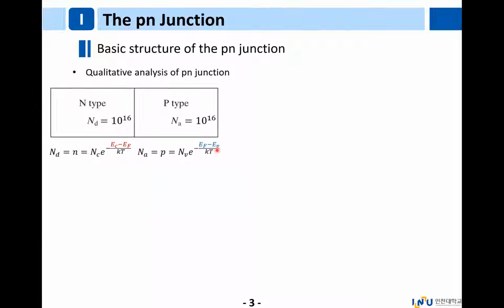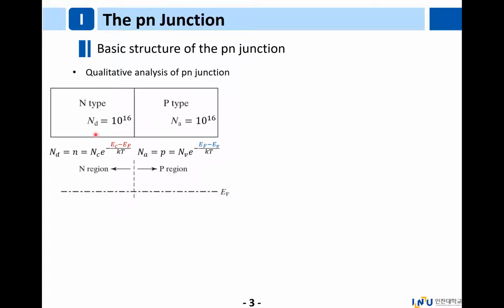So if the PN junction is in a thermal equilibrium state, there is only one Fermi level, and it must be drawn horizontally. Therefore, a single and horizontal Fermi level is expressed.